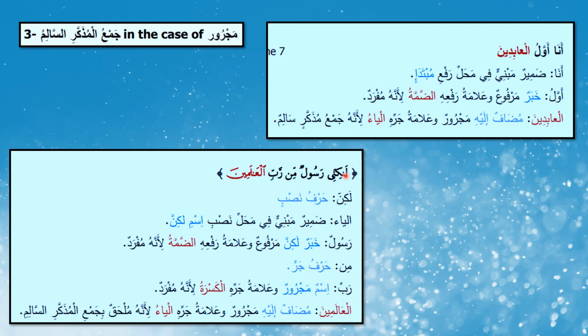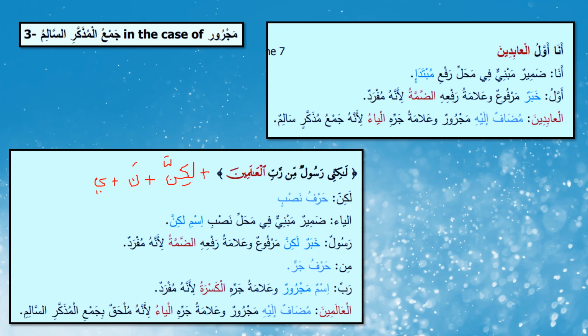The next one is lakinnani. Lakinna is another sister of inna, so we will do inshallah more about inna and its sisters. Lakinnani, so this lakinna is added with the ya mutakallim. Lakinna is added with noon al-wiqaya and the ya mutakallim.